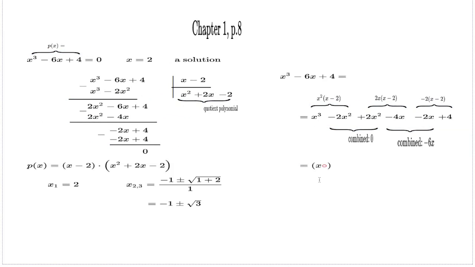So here's my bracket, and now I combine all what remains: x squared, 2x, negative 2. That's my quotient we found earlier with the other method.